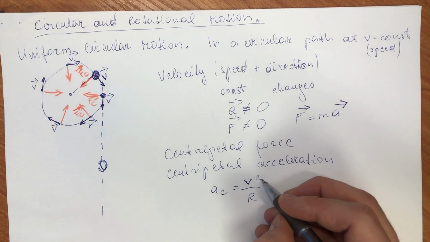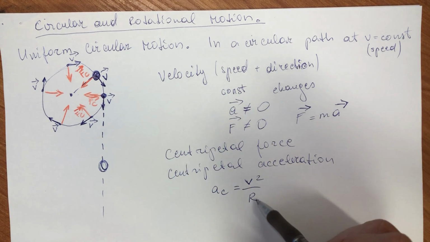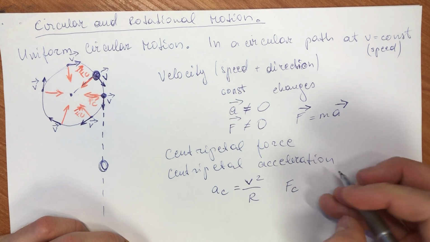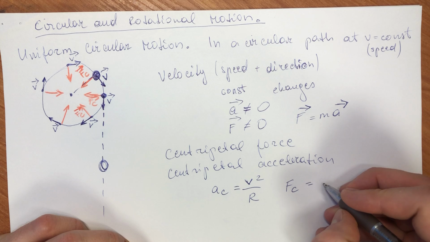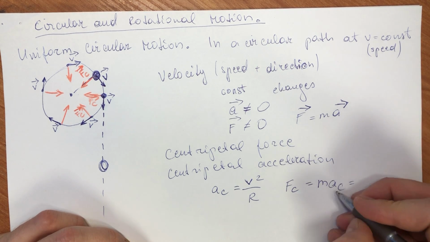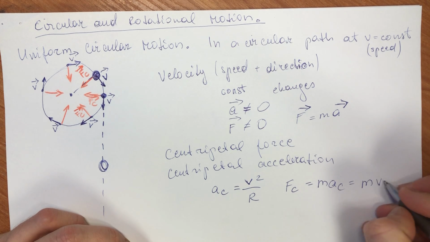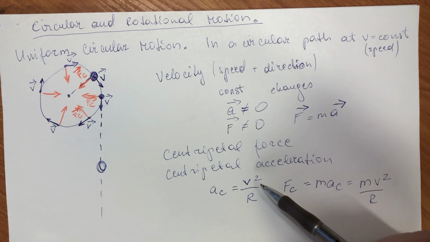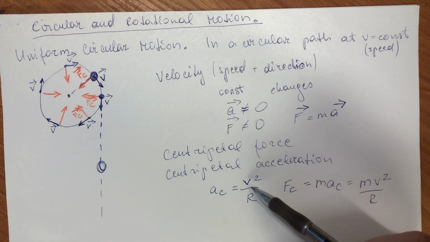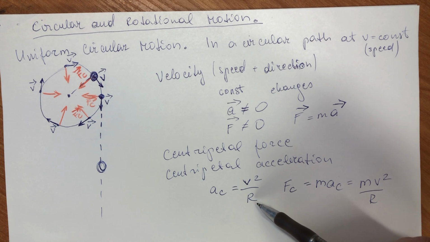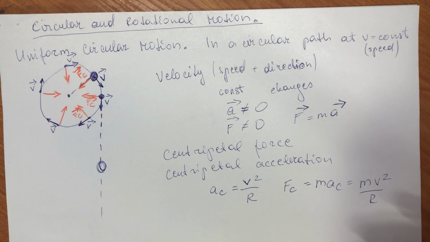So v squared, this is v, divided by r, and centripetal force is equal to m a_C, centripetal acceleration, so therefore it's equal to m v squared divided by r. So you can see that if speed increases, acceleration increases, it's squared even, and if r increases, acceleration decreases.